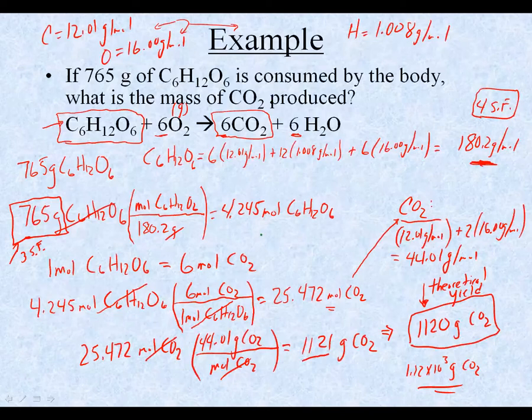And you might be noticing a pattern. It's really those 4 basic steps: balance the equation, convert to moles, do the mole to mole relationship from the equation, and convert moles to grams.